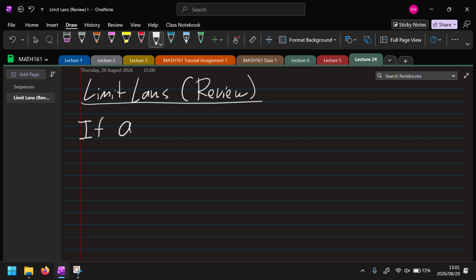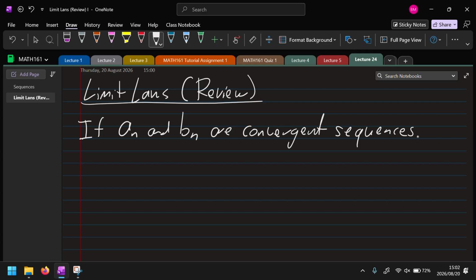If a_n and b_n are convergent sequences. Remember before when we had limits of functions, we had f of x and g of x, and the limit as x goes to a of f of x, and the limit as x goes to a of g of x exists. We had that last year.